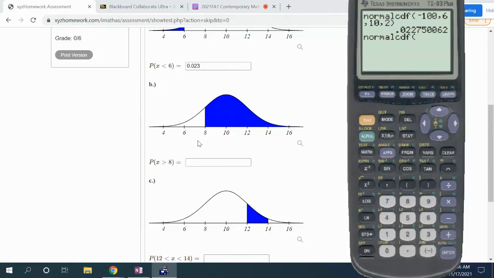My lower bound is 8, the upper bound is positive 100, the mean is 10, and the standard deviation is 2. And we have an area or probability of 0.841.